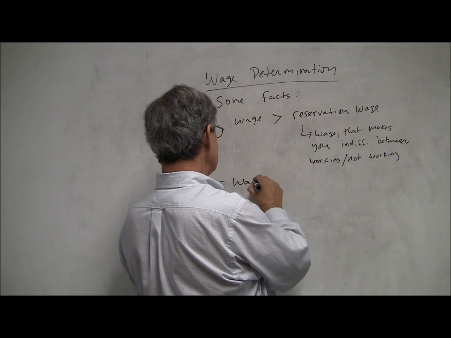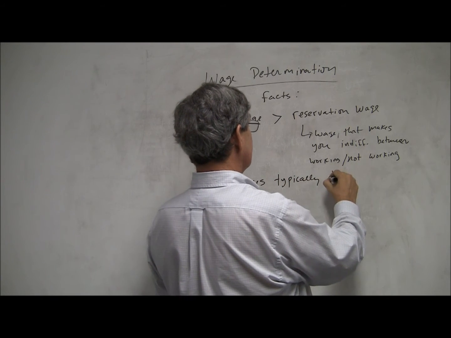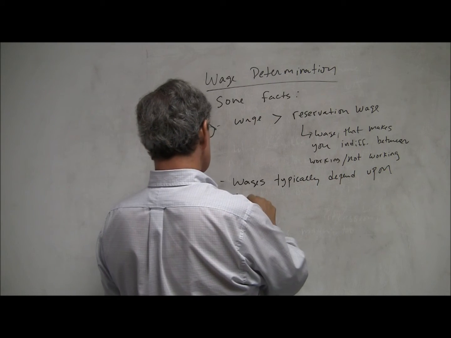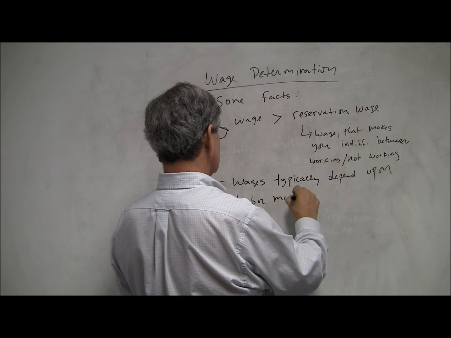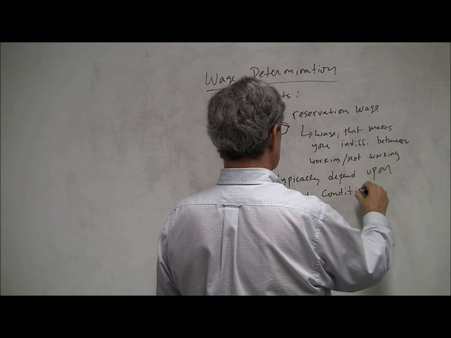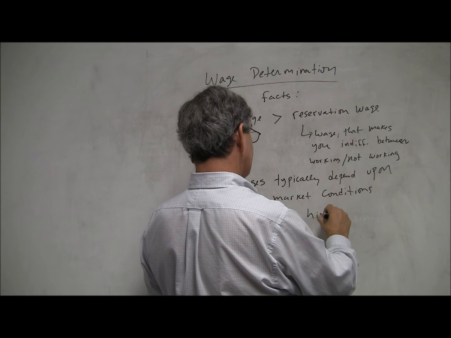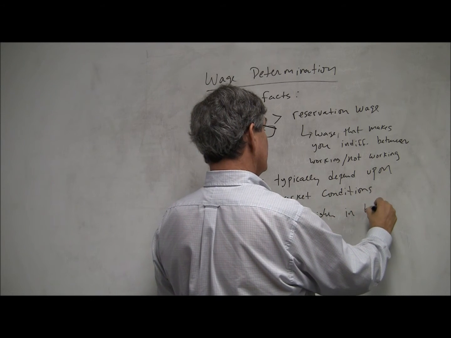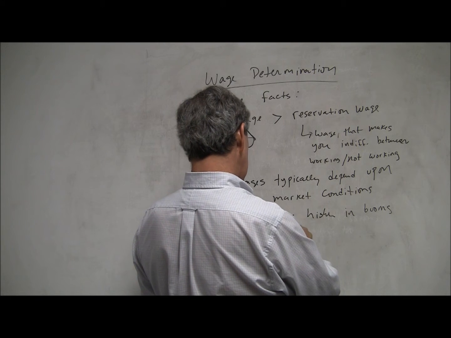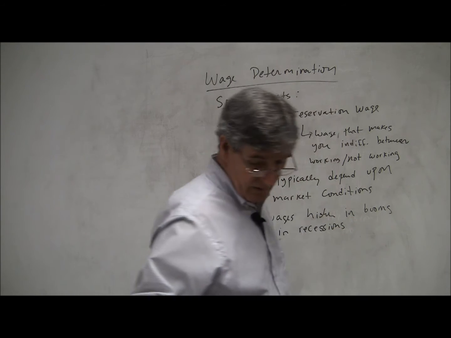wages typically depend, this shouldn't be a surprise, upon labor market conditions. Wages are higher in booms when labor markets are tight than in recessions when labor markets are loose because there's a lot of unemployed.